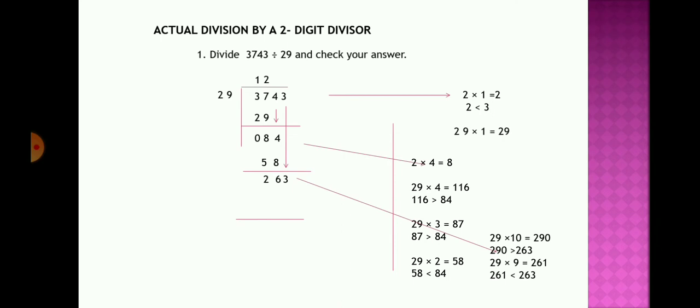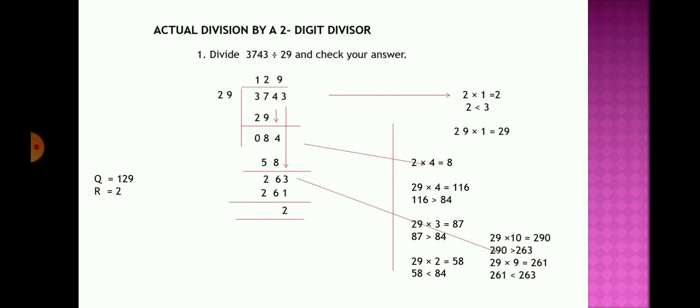Try 29 nines. We will get 261. 261 is less than 263. So, the quotient is 9 and write 261 below 263. Subtract, the difference is 2. So what is the actual quotient, children? 129, and the remainder is 2.